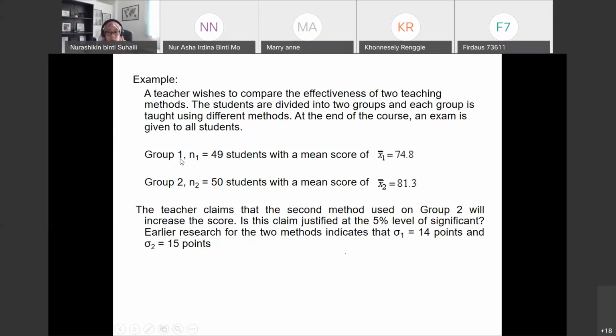So we are analyzing two samples. So the null hypothesis always says that there is no difference between the two samples, but the alternative hypothesis depends on the statement or the question.